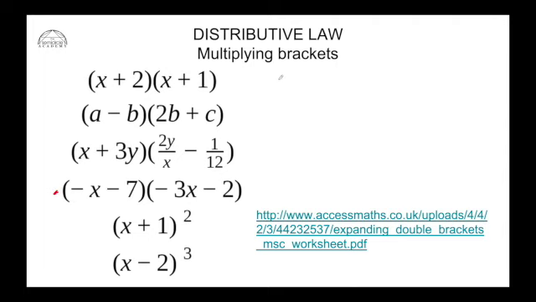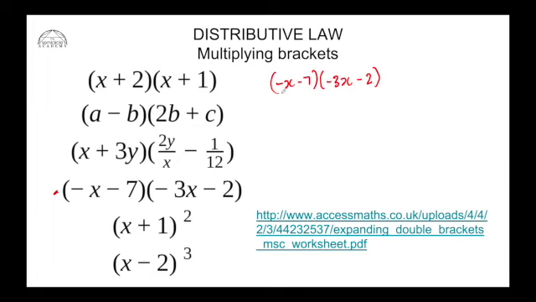I could have given this one here with all of the negatives. Let me try that one. Negative x minus 7, times negative 3x minus 2. What are we going to be doing with this one now?